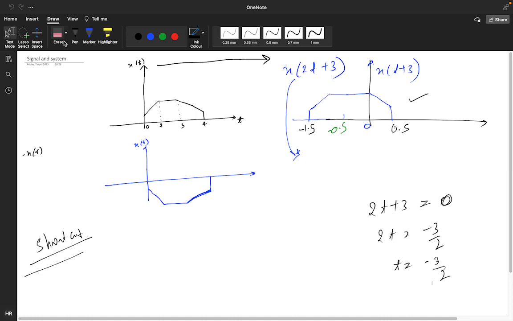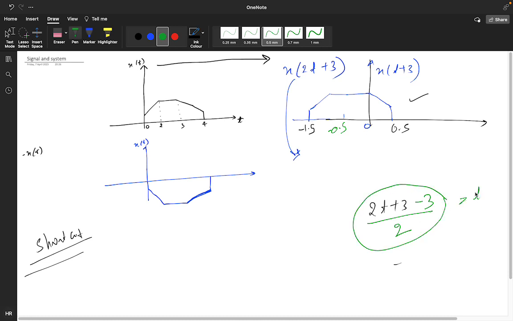So guys, what do you have to do to make this whole thing 0? Understand it like this: how will you make 2t plus 3 into t only? You do minus 3, divide by 2, right?